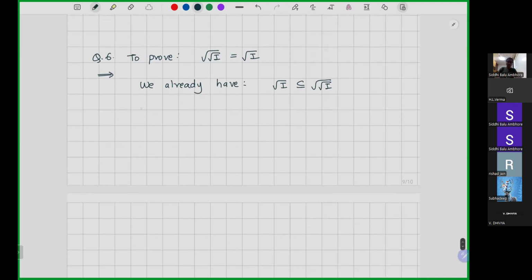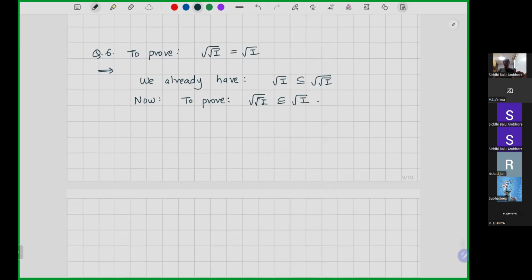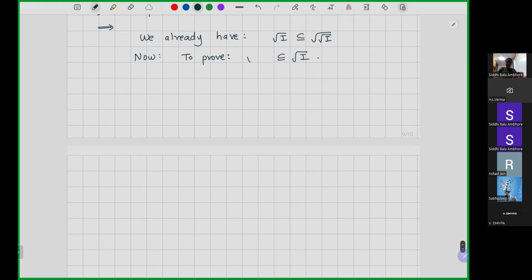Now we need to prove the other way around, that the radical of the radical of I is contained in the radical of I. Any ideas for this, how we will proceed?